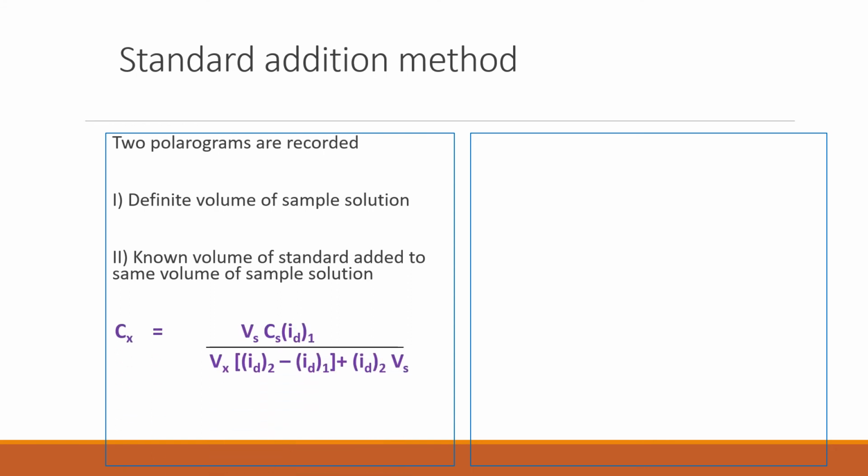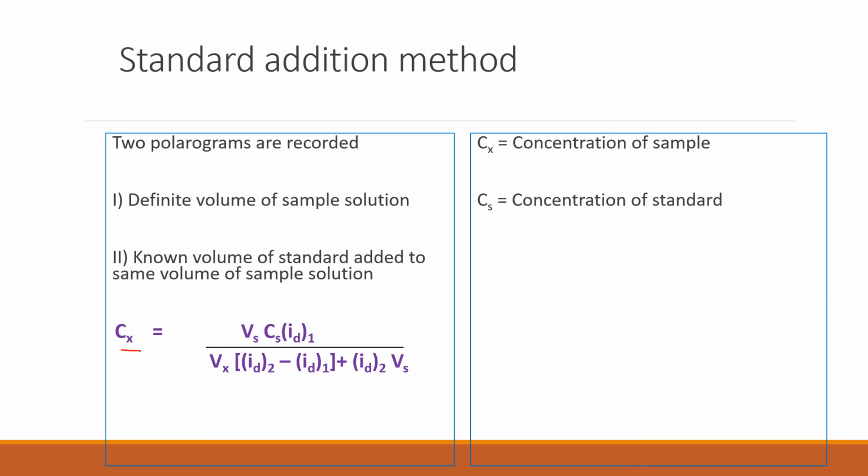Using the following mathematical expression, we can find out the concentration of the sample, which is represented by Cx. One by one, we will see the meaning of each term in the mathematical expression.